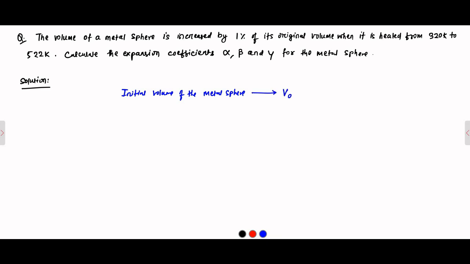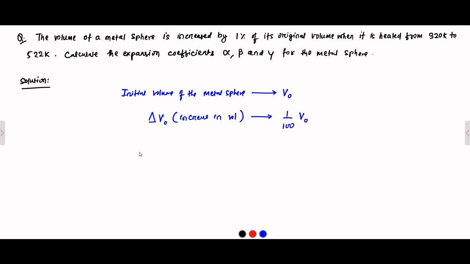Here the increase in volume is 1/100 of the initial volume V0.